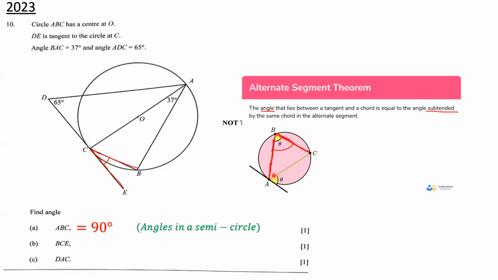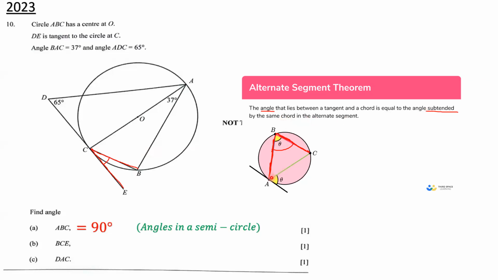All right. And so let me repeat that again. When we say that the angle is subtended by the chord, what we basically mean is that if we were to form a triangle with the legs of the angle, the base of that triangle is going to be the chord. The chord is the base of this triangle that theta is inside of. And so that means that the angle is subtended by the chord.